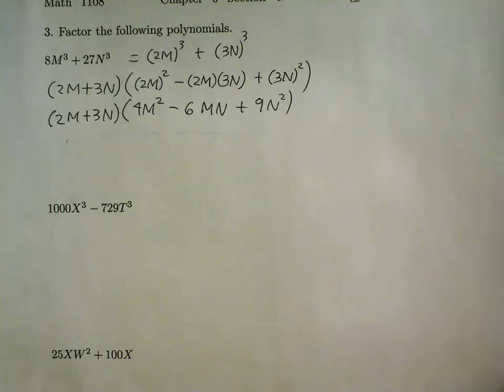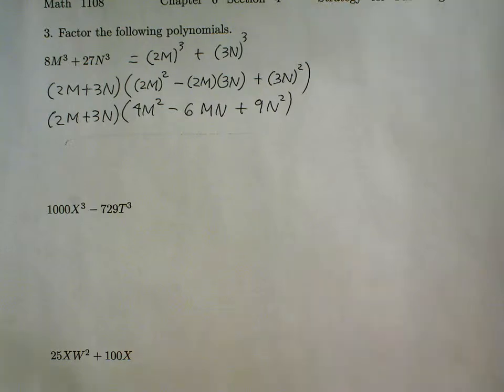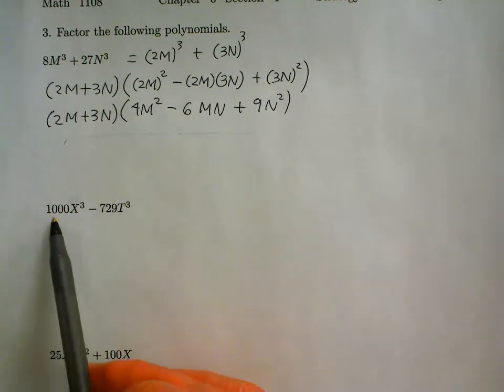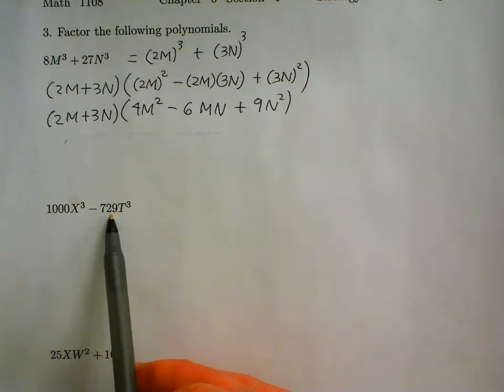Okay, the next one, 1000x to the third minus 729t to the third. So what is this one? This one is a difference of cubes. 1000 is 10 to the third. 729 is 9 to the third.